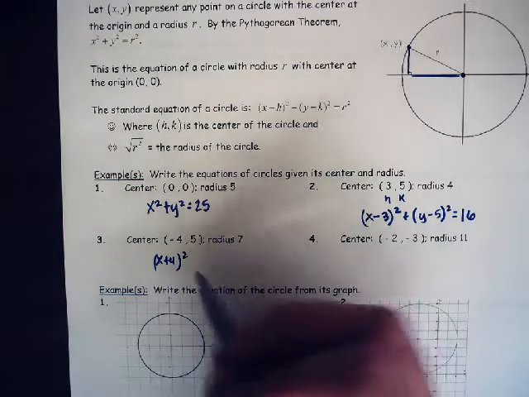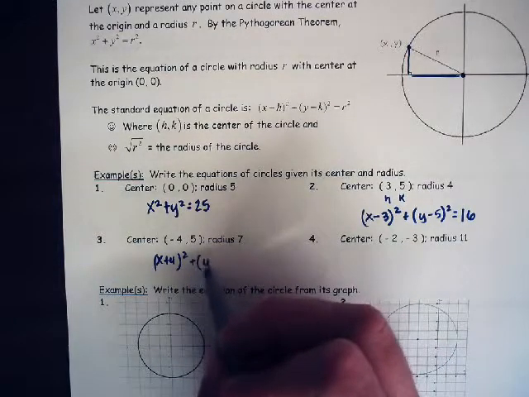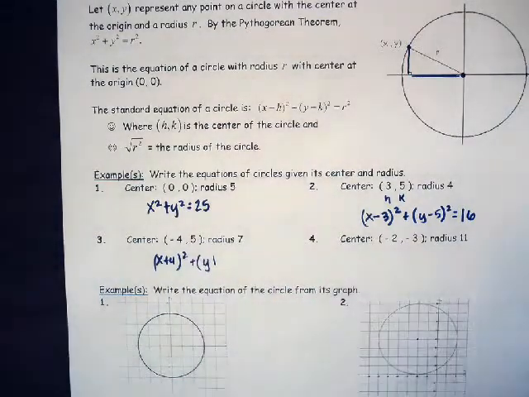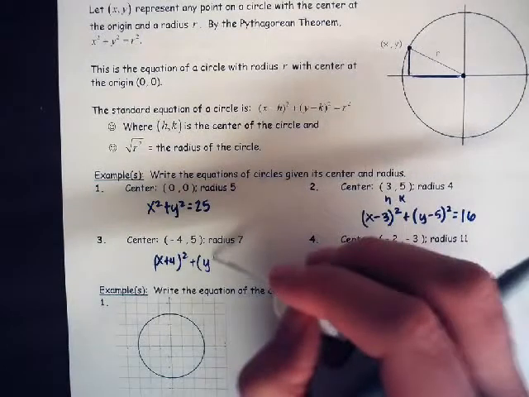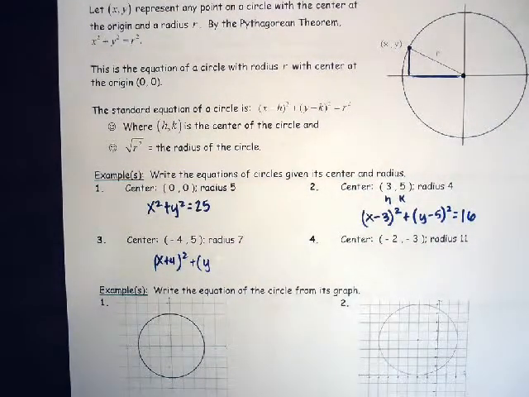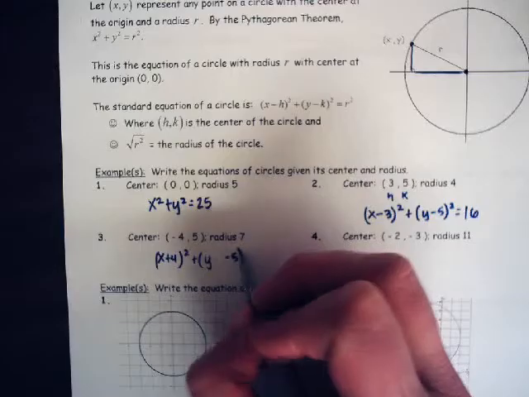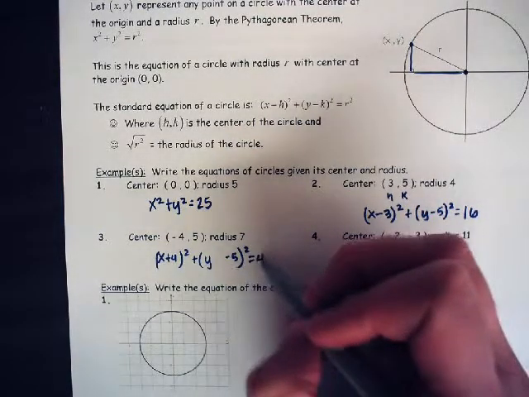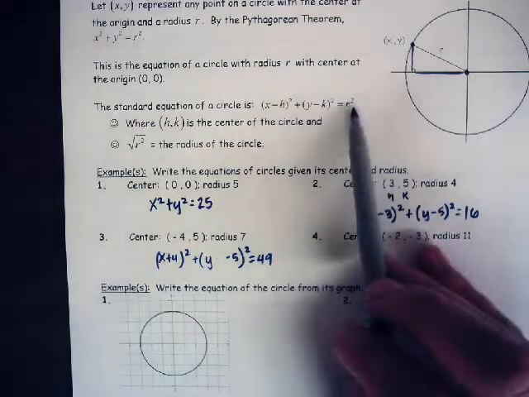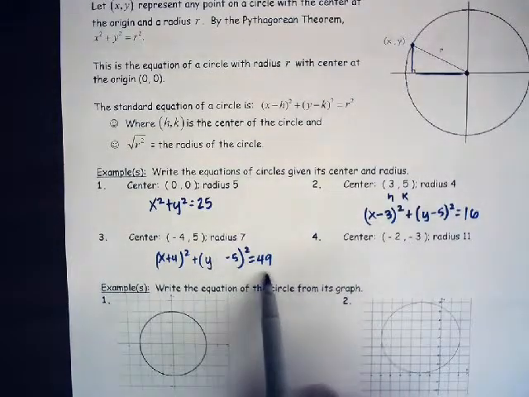So (x plus 4) squared plus (y minus 5) squared equals 49. Because that's 7 squared on this side. I'm adding radius squared up here, so 7 squared.